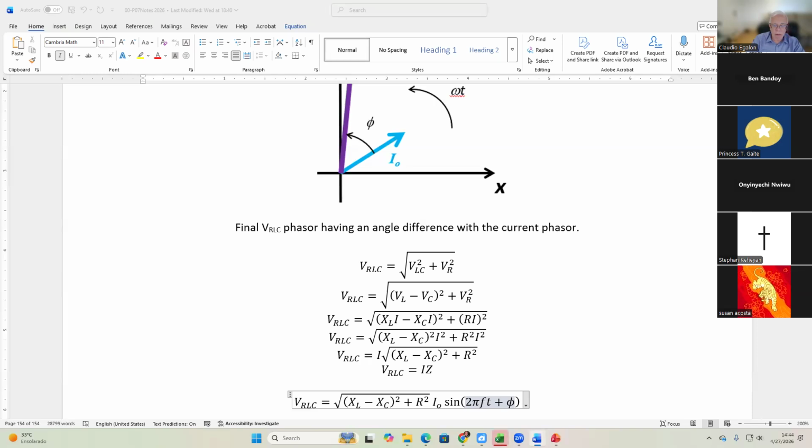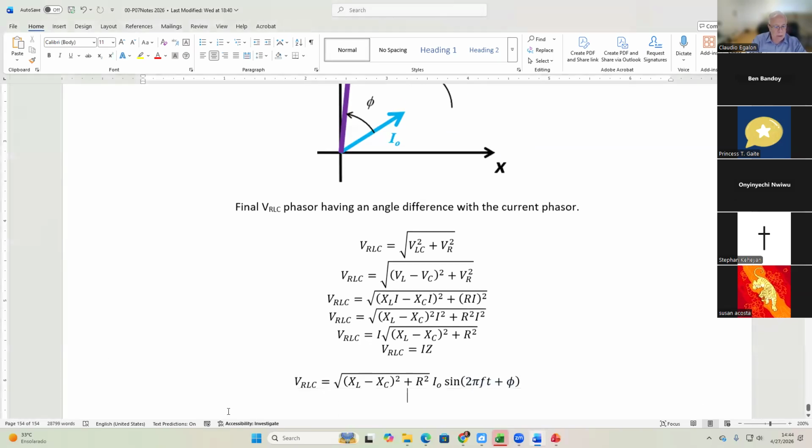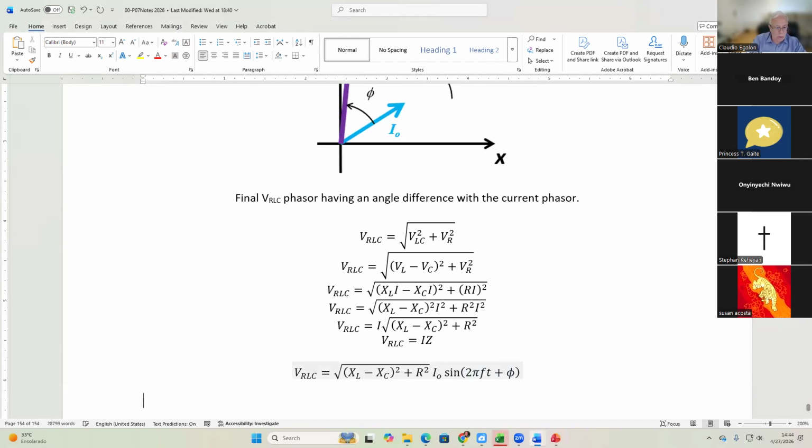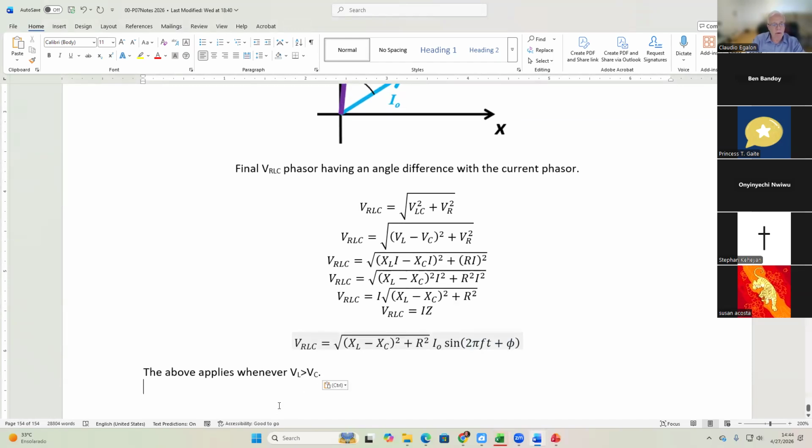And by the way, this applies whenever V sub L is greater than V sub C. If it were the opposite, then the phi angle would be negative.